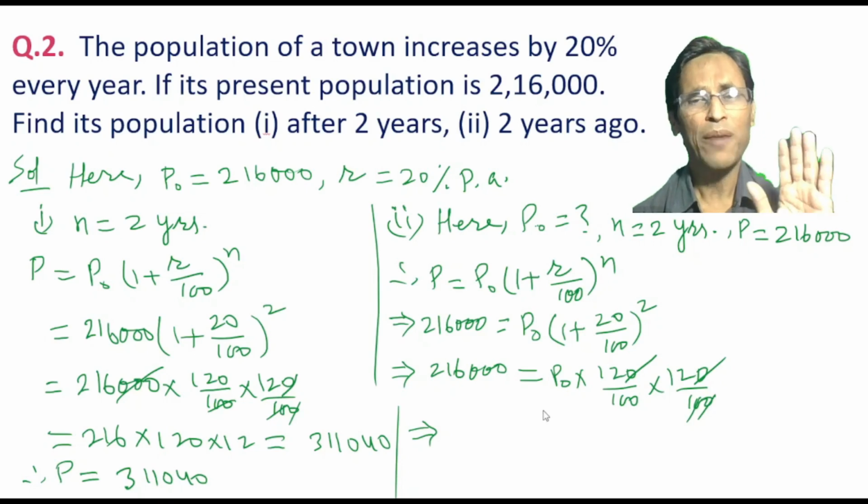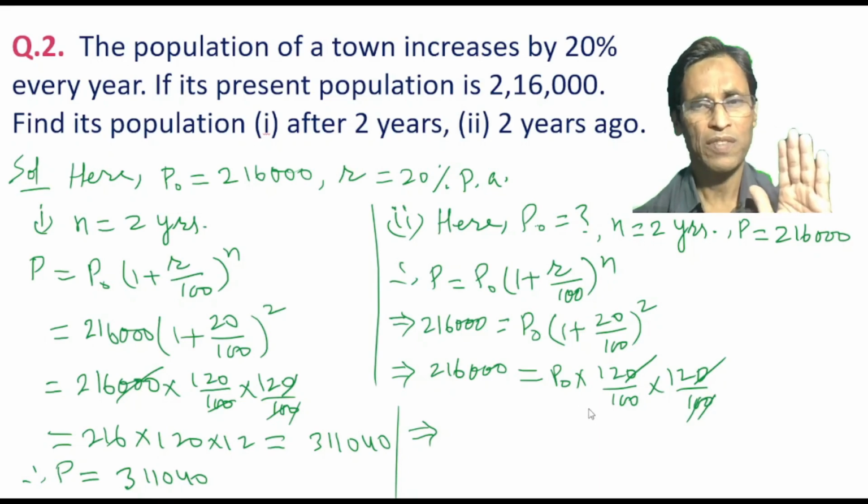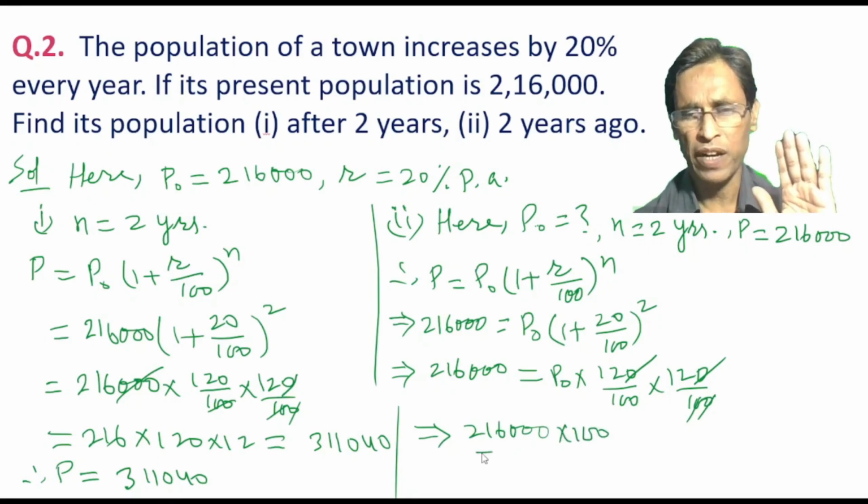Now we have an equation in P naught. So to find the value of P naught, we remove the numbers with P naught. Therefore, 2,16,000 into 100 by 12 into 12.